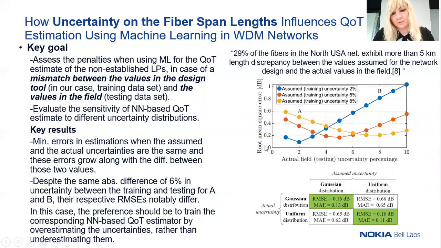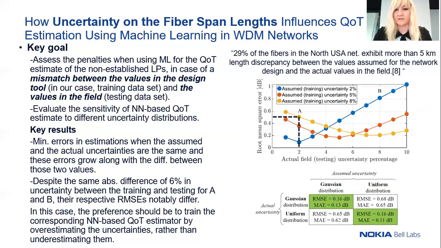For example, for the blue one, with 2% of training uncertainty and 2% of testing uncertainty, you have the minimum error, which is valid for all 3 curves. So whenever the assumed training uncertainty is the same as the actual field testing uncertainty, you have the minimum error. But when this discrepancy gets higher, you have higher errors.